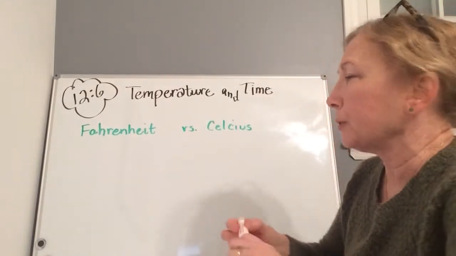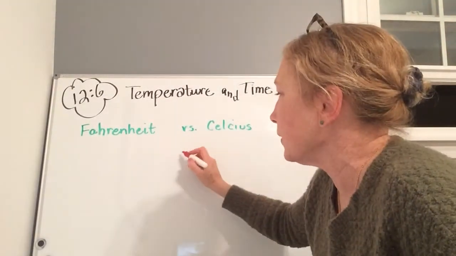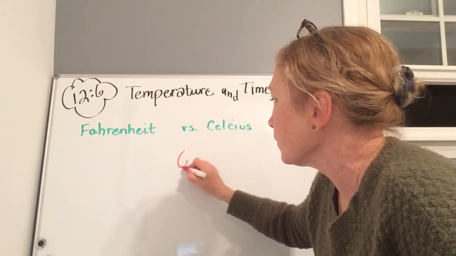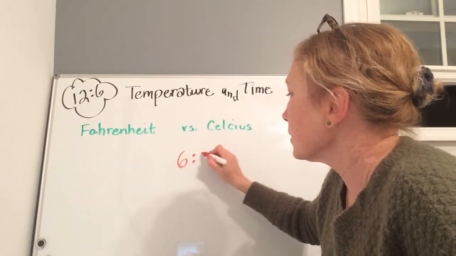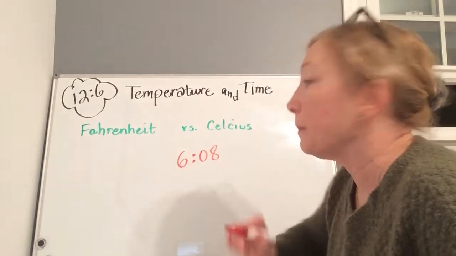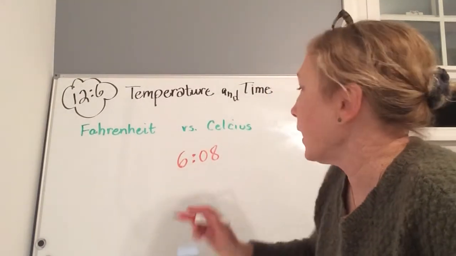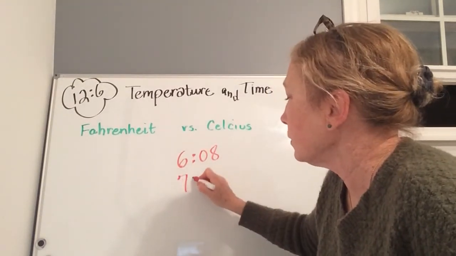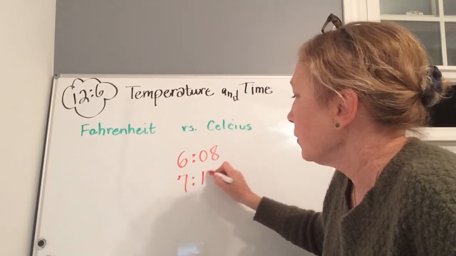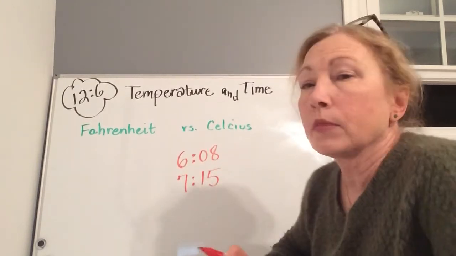Let's say, for example, they say that a train is leaving a station at 6:08 a.m. and it's getting into the next station at 7:15.